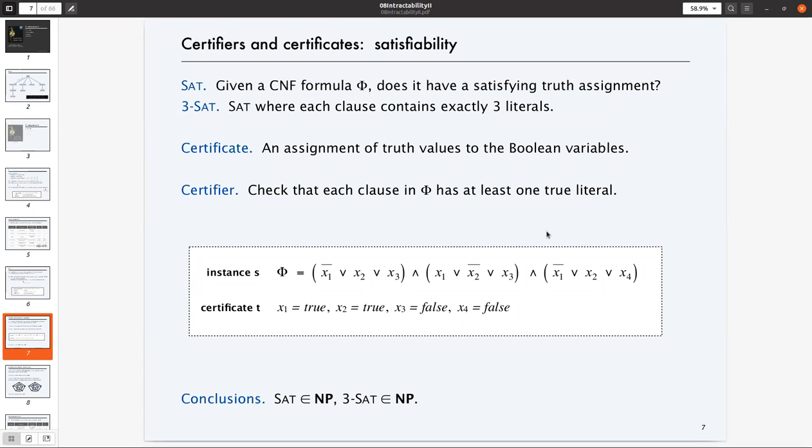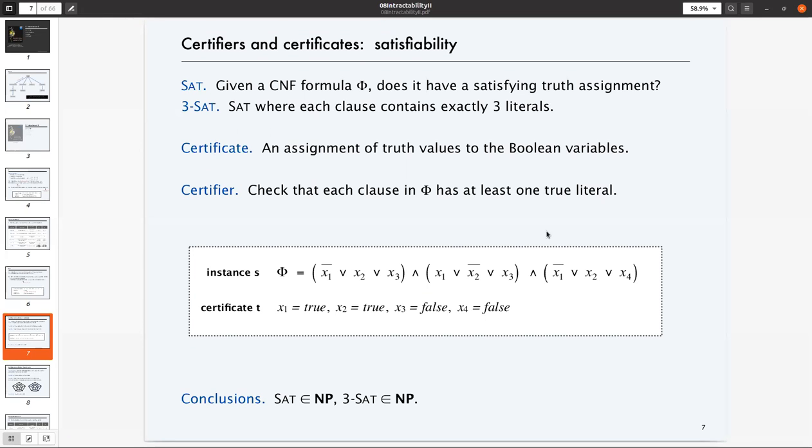Then things become polynomial. The certificate is something else. Someone else provides you that certificate, and you are just verifying things and saying that the problem is in NP, but you don't know how to produce that certificate.